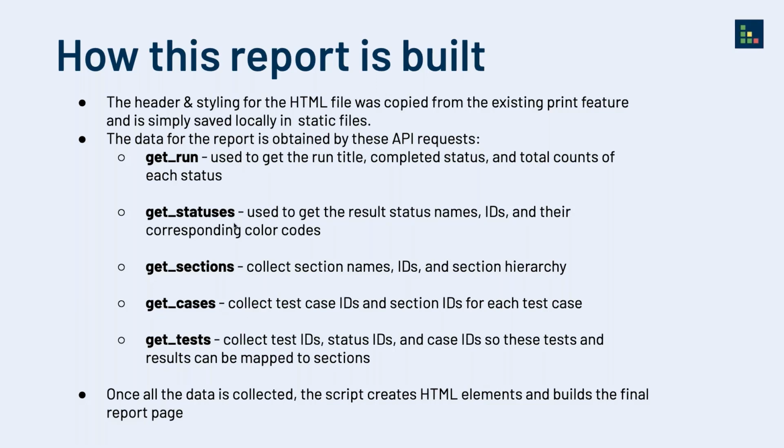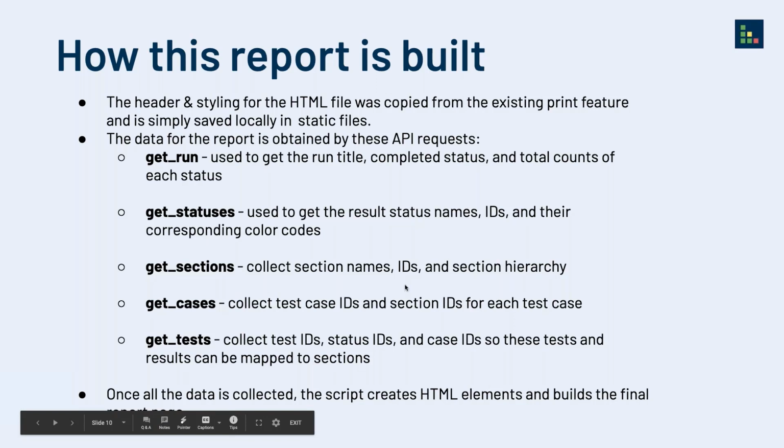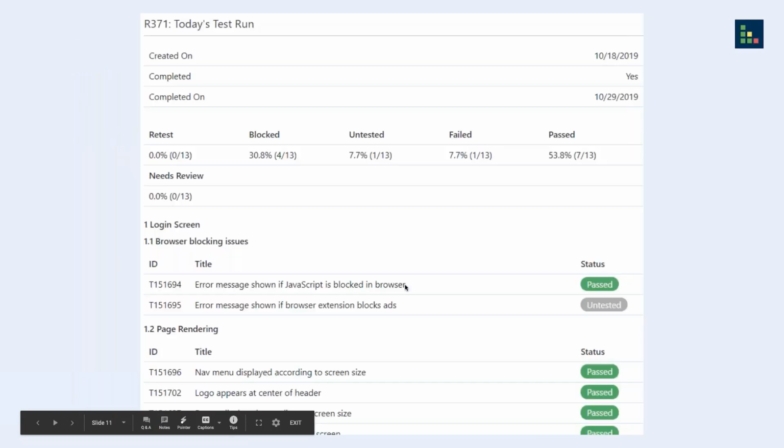Get the statuses of the tests inside of the run, the status names, IDs, color codes, etc. Get the sections that are associated with the tests, get the cases, get the tests. Basically, use the API to get all of the information that you want, and then create the HTML elements in the script itself and build the final report. Okay, so you're going to end up with something looking like this.